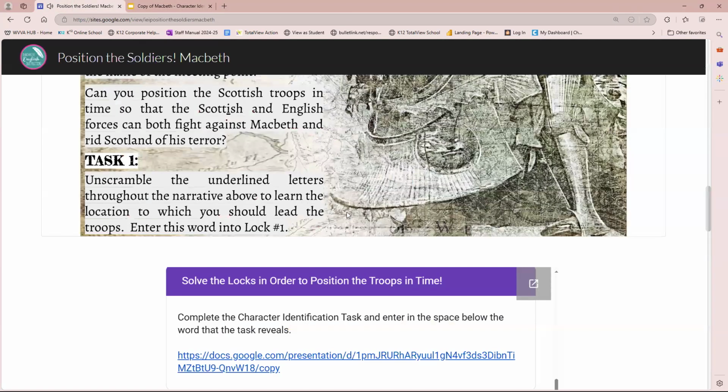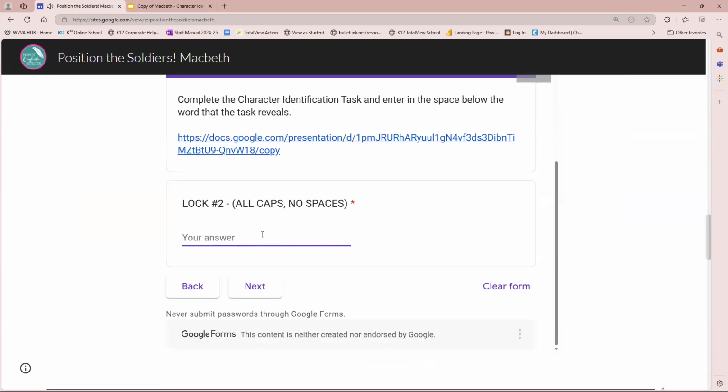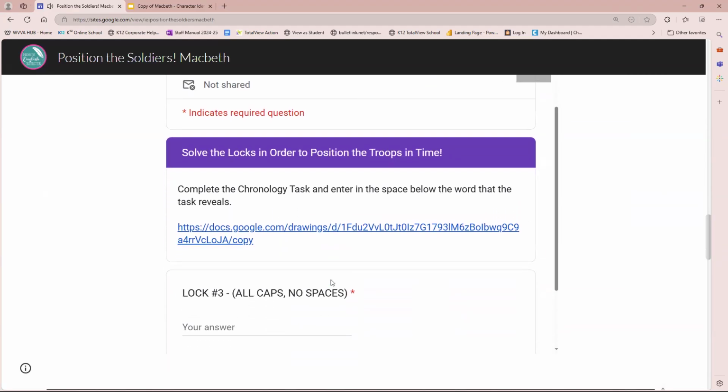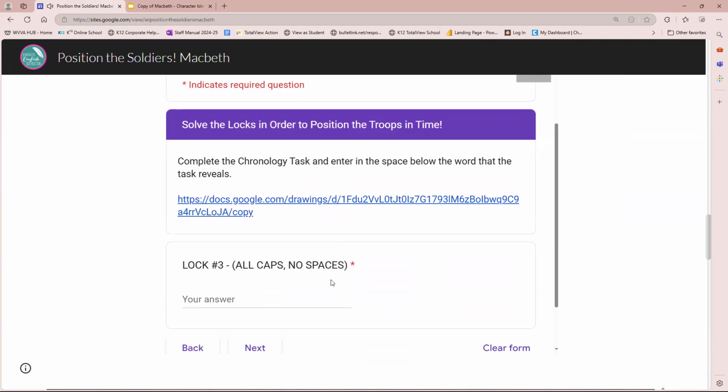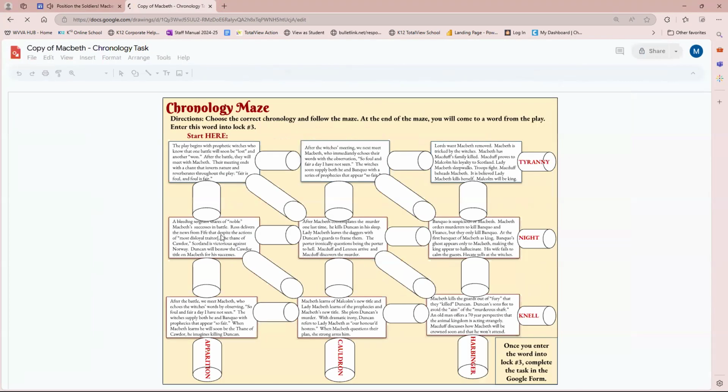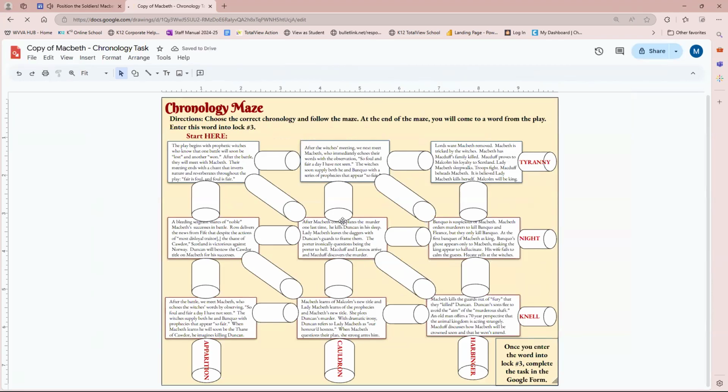So I want to come back to here and come down here, all caps, no space. Bloody hand. Complete the chronological task and enter in the space below the word the task reveals. So we're going to make another copy of this document.